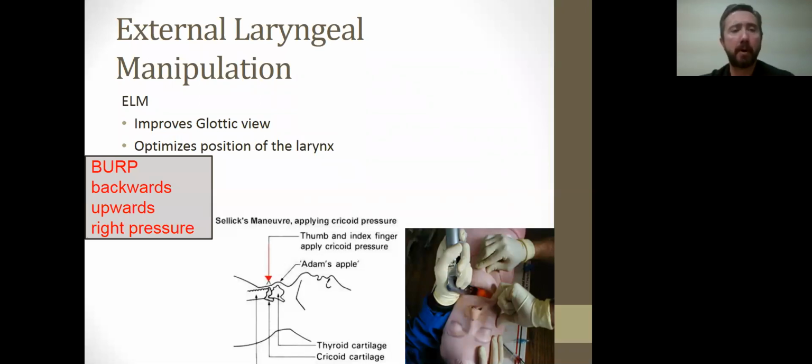Just remember BURP: what you would need to do is grab your partner's hand, okay, and put that partner's hand on the patient's trachea there, and you go backwards, upwards, right, and you leave their hand there. That way it keeps it in view, okay? Of course, the Sellick maneuver as well. Some texts say that it's no longer indicated. What I would say to do is, do whatever works without injury to the patient using proper form and technique.